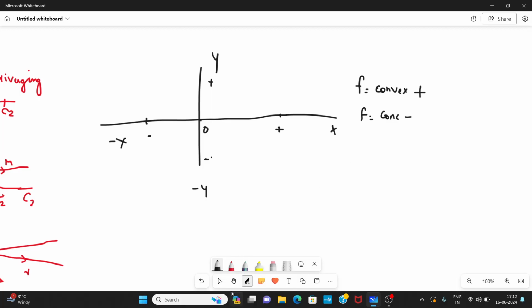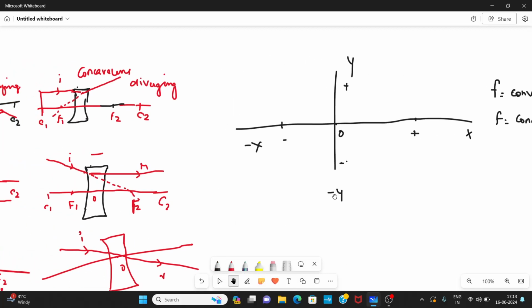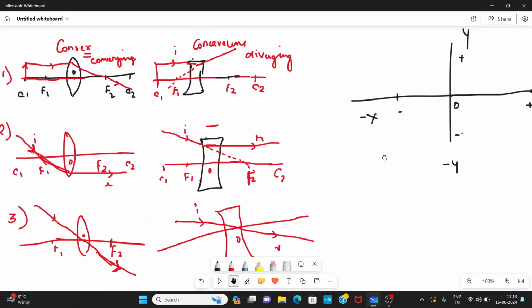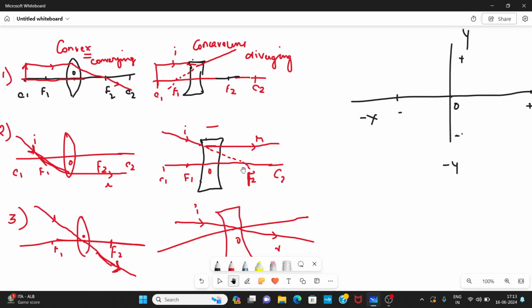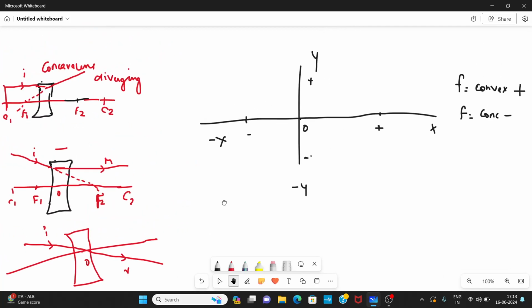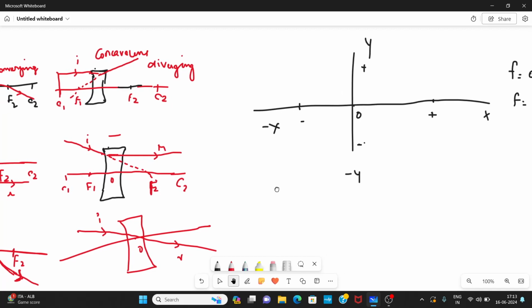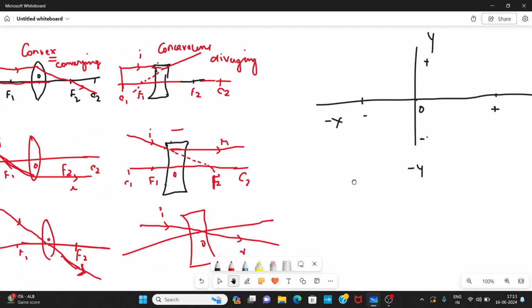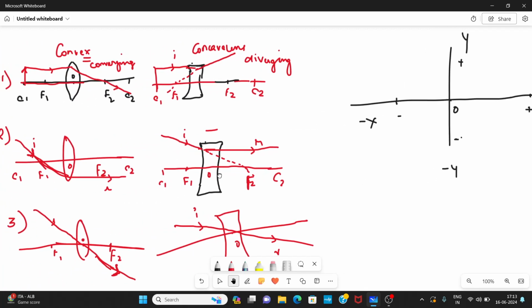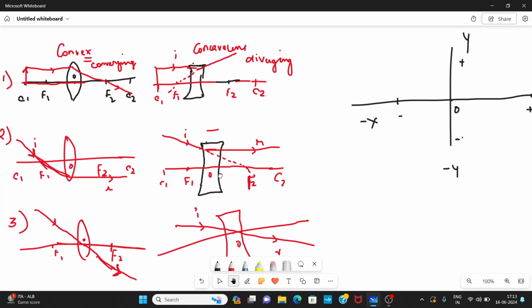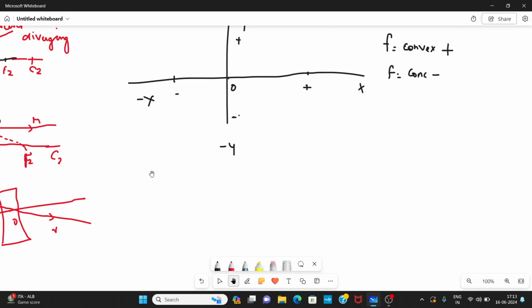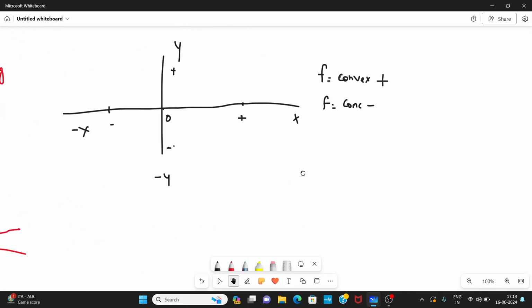Yes, you can easily see why, because of the focus which you are considering here. The focus of convex lens is positive and concave lens is negative.